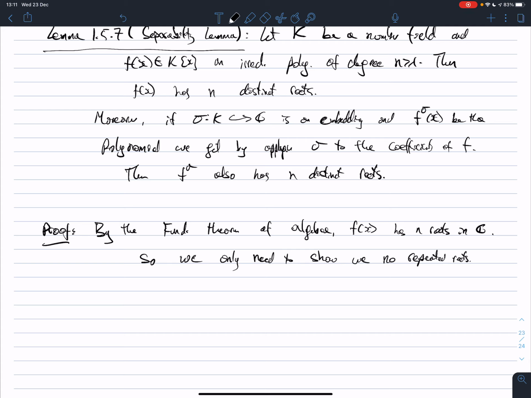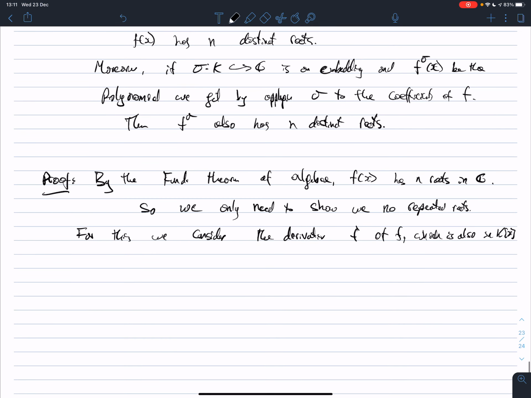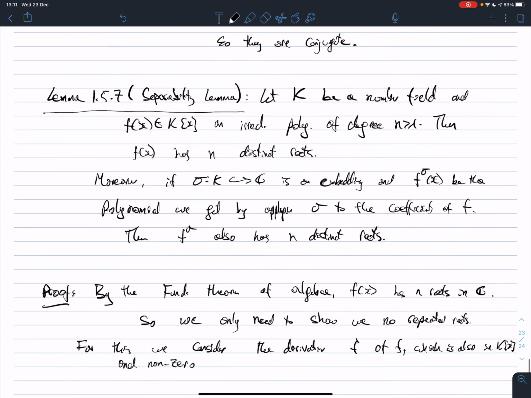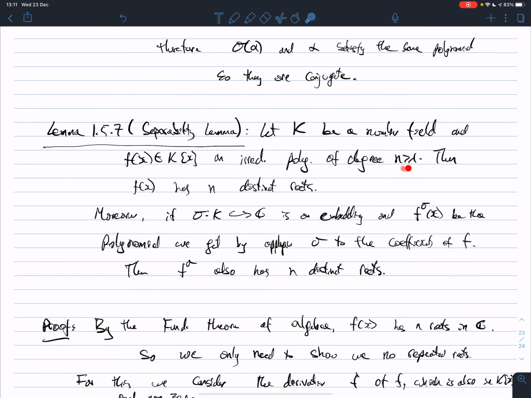So here's the trick for this. We consider the derivative f prime of f, which is also in K[x], and it's also non-zero. It's non-zero because I assumed that the degree of my polynomial was at least 1.